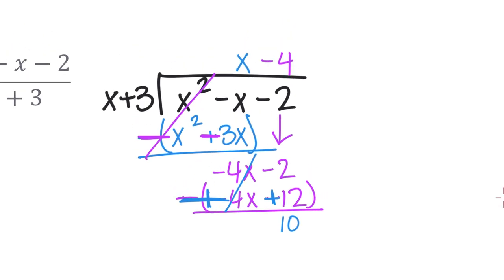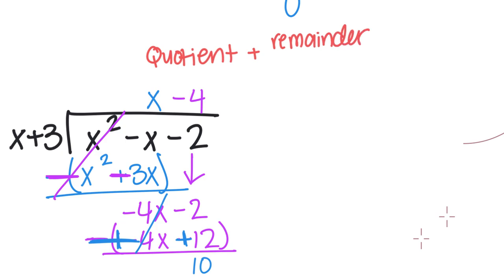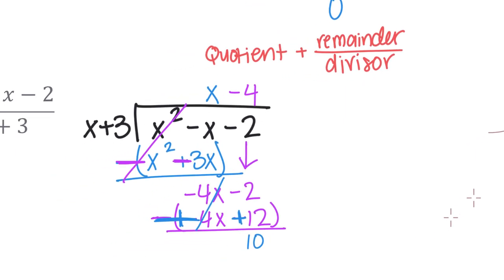Now I have a remainder. How am I supposed to write my answer? It's going to be your quotient plus your remainder over your divisor. I'll highlight everything so you know where it is.